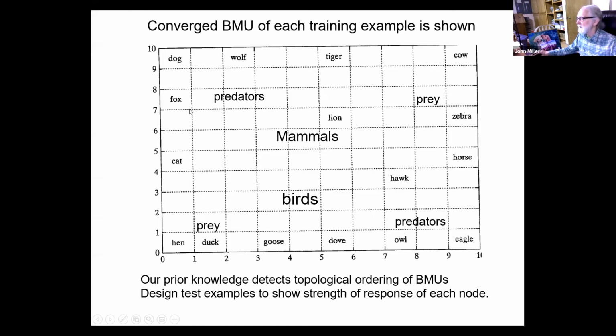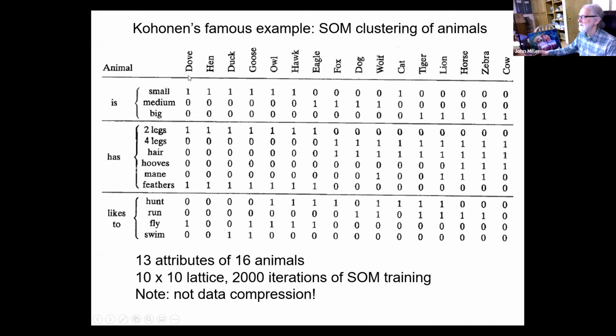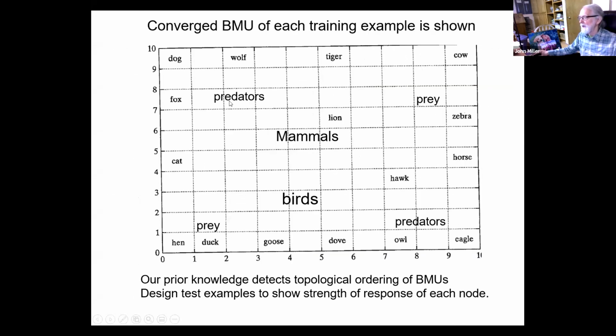That is to say, even though the data didn't identify which of these were predators or prey, which were mammals, which were birds, all it has is a name of the animal associated with each input data. Our prior knowledge of these animals lets us associate the topological arrangement with something that's meaningful to us.